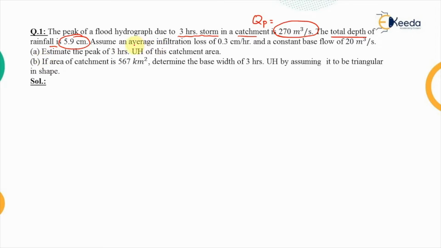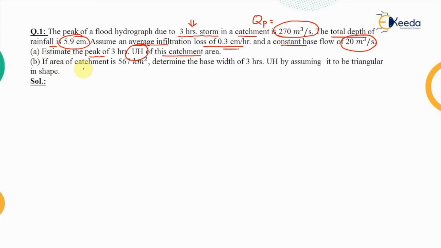Assuming an average infiltration loss of 0.3 centimeter per hour and a constant base flow of 20 cubic meter per second, we have to estimate two values. What will be the peak of the unit hydrograph for the catchment area and for the given duration of the storm? That is the first thing to calculate.